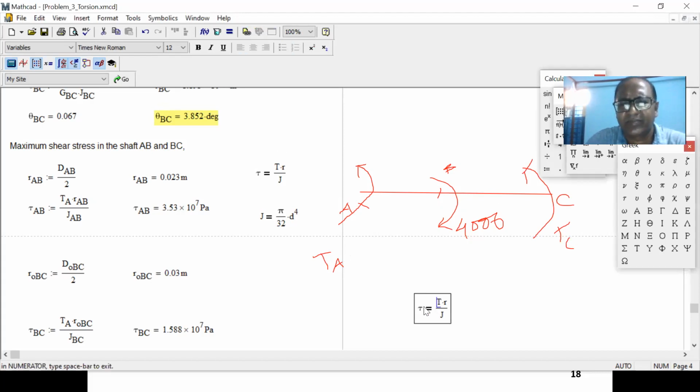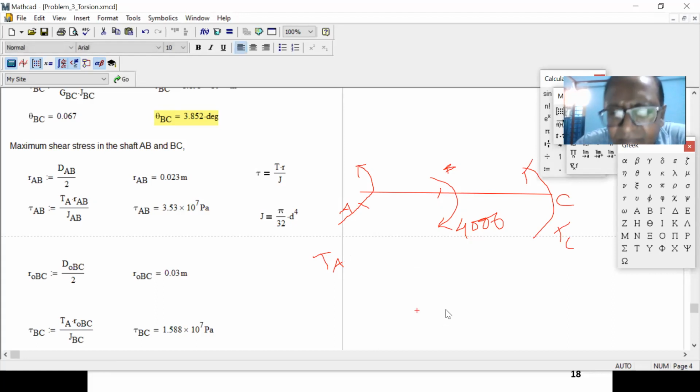The question was that when you take section AB, you have put TA, an additional torque, at section B. Why didn't you take that 4,000 Newton meter torque in the opposite direction in AB?